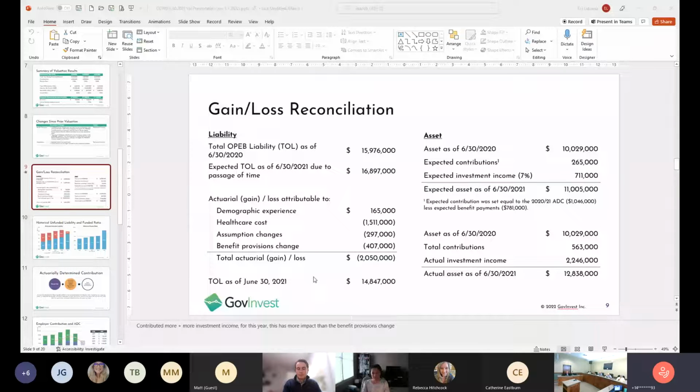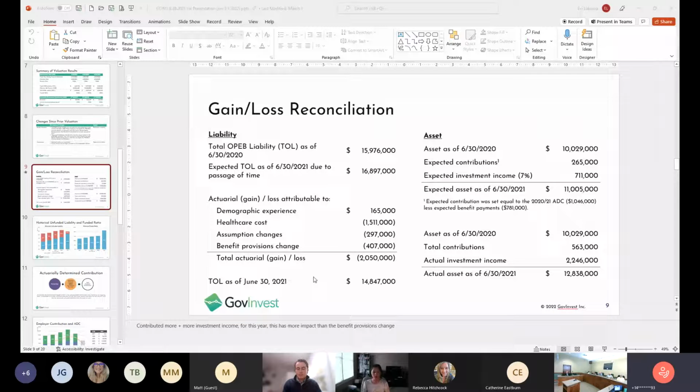Now on the asset side, if we look at where the asset was at 6/30/2020, which is at $10 million, the expected contributions based on the ADC calculated by the prior actuary were about $265,000. That's how much contribution we are expecting the district to make to PARS. And with the assumption of 7% investment income, the asset was expected to be at $11 million as of 6/30/2021.